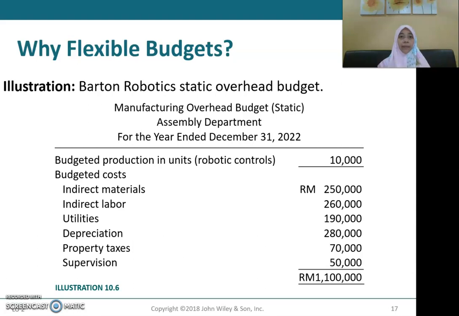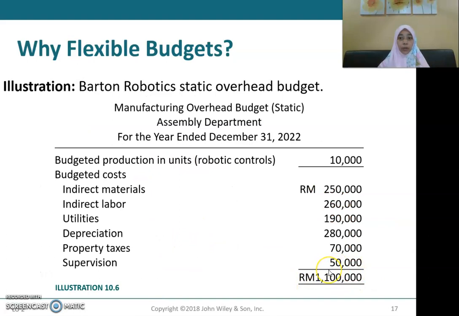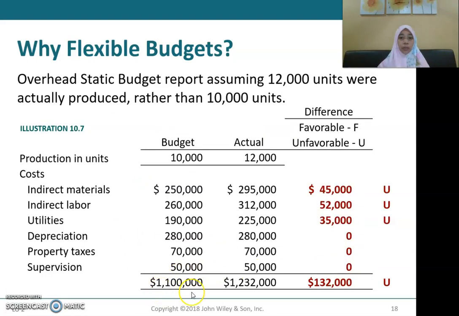Now assume you produce 12,000 units instead of the 10,000 units in your budget. Your actual production is 12,000 units, and this is the cost. Remember, the 1.1 million is based on the budgeted overhead cost, and this is the actual cost you incurred for that particular period: 1.232 million.